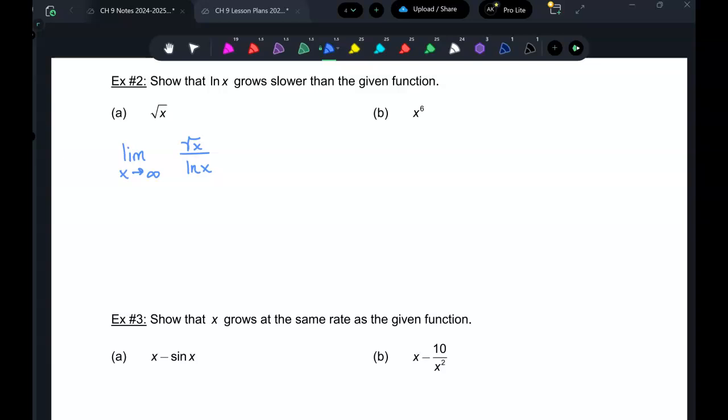Now this is indeterminate form, infinity over infinity. No, you should get 0. No, I should definitely not get 0. I think x over 2 root x is the same as x over 2 root x, or cancel out the root x, which is really root x over 2.